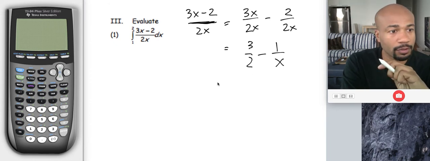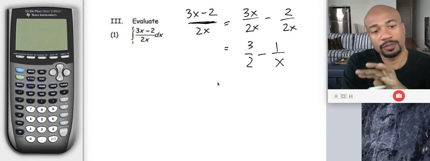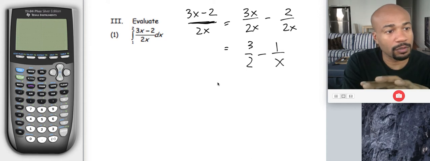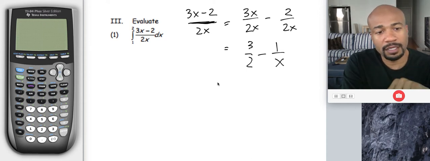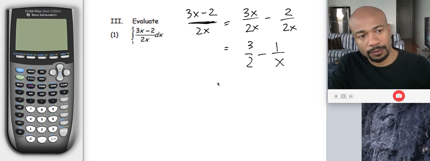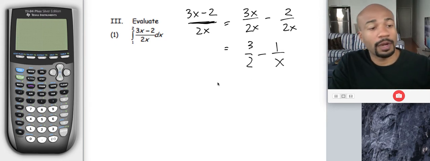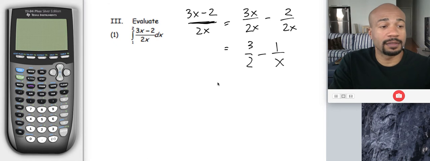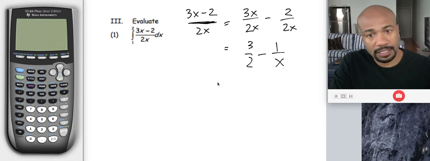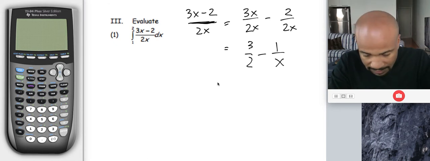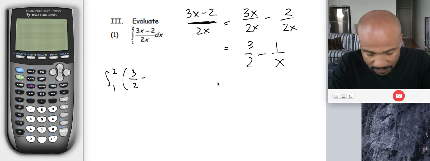But because the integral goes from 1 to 2, I'm not concerned about that. I can go straight into the integration because I am outside of the undefined point, which is x equals 0. So I go from 1 to 2 of 3 halves minus 1 over x dx.